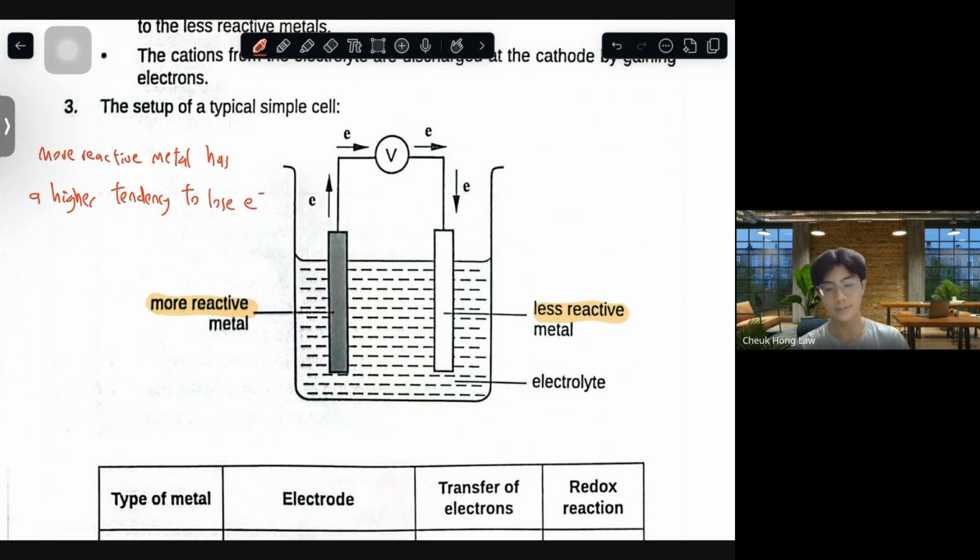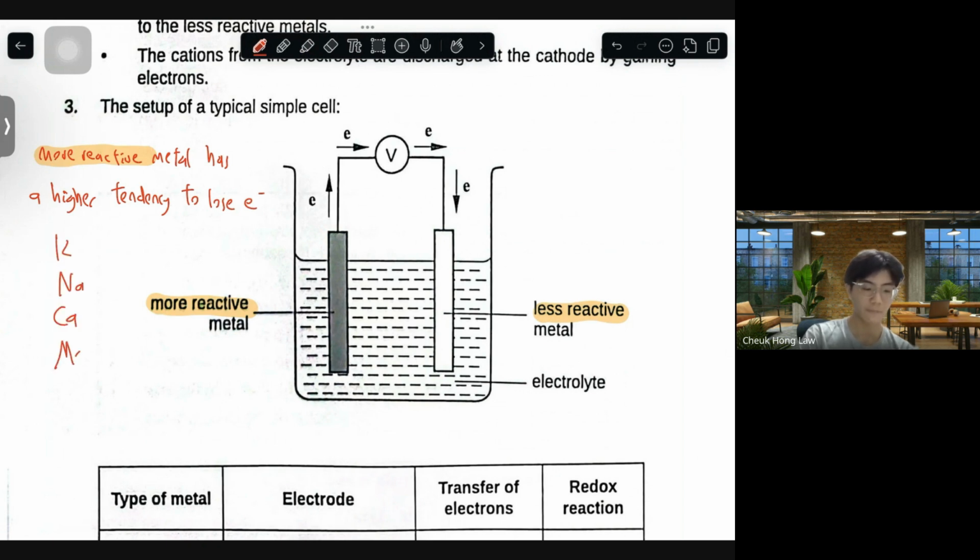Okay, we know metals lose electrons to form positive ions. But I don't know if a lot of teachers say the more reactive metal has a higher tendency to lose electrons. That means if I look at the reactivity series, right?